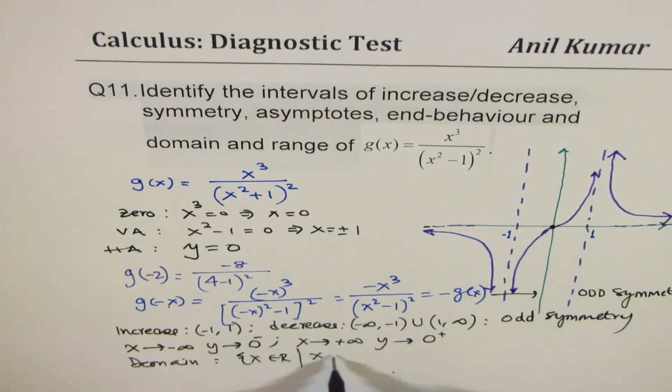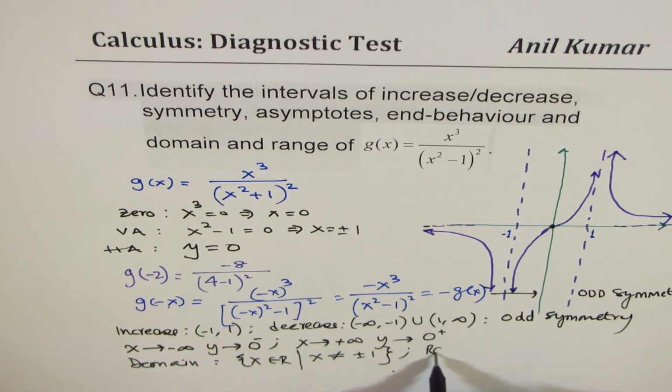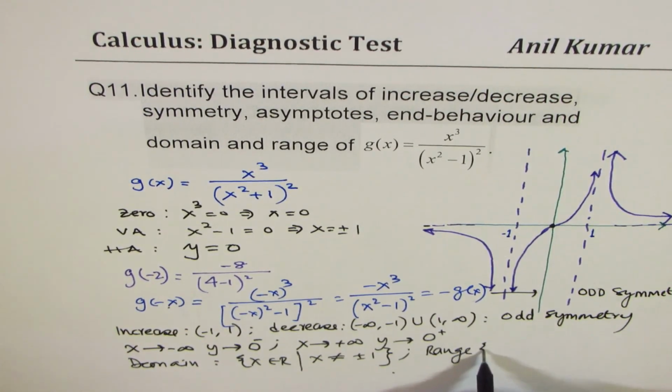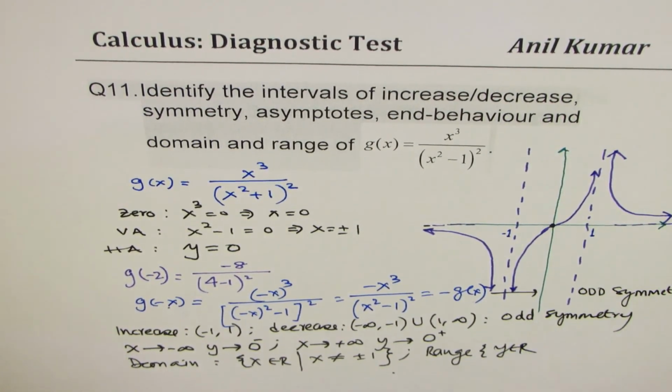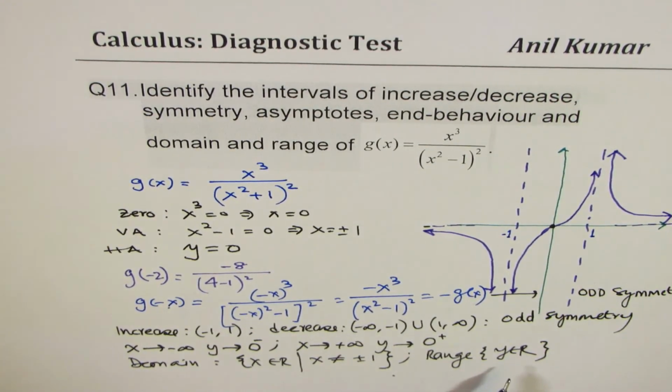However, restriction is that x is not equal to plus minus 1, and range is y belongs to real numbers. Is there any restriction? Well, the graph crosses the origin, that is the x-axis. So all values, is that okay? So that's the range for the given function.